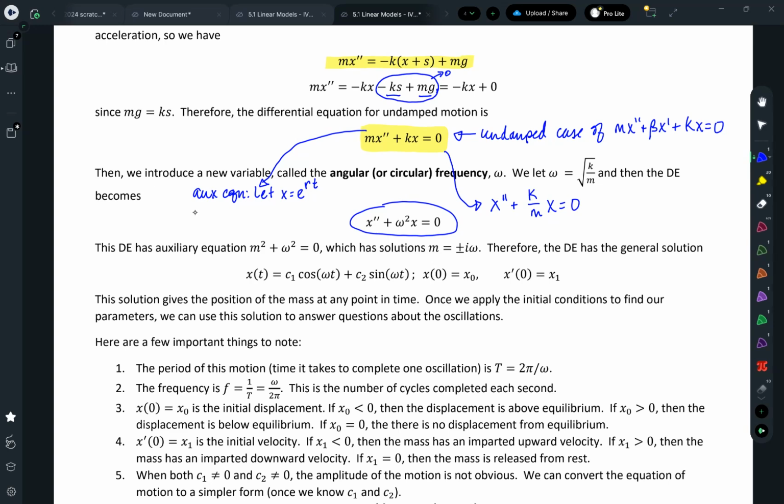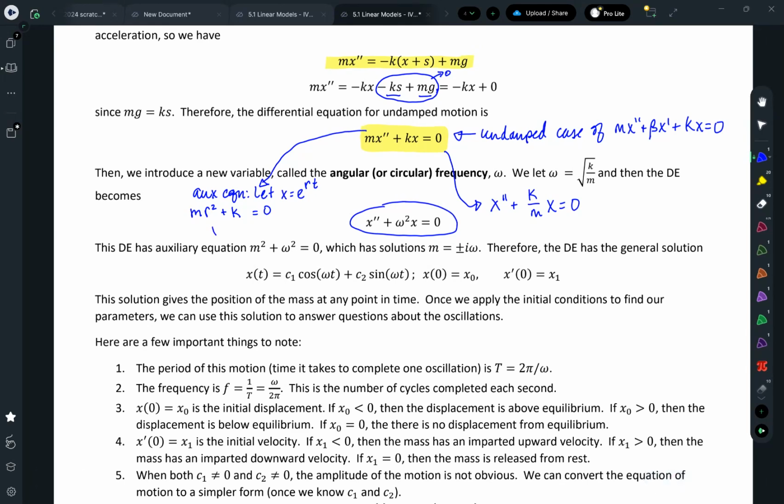Then the auxiliary equation would be m r squared plus k r equals 0. Is that right? No r. So just plus k equals 0.